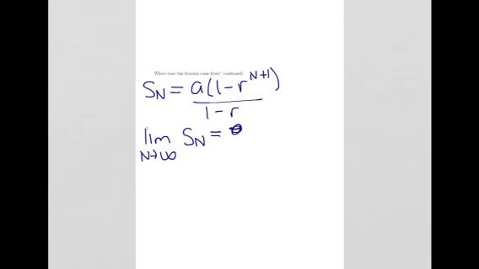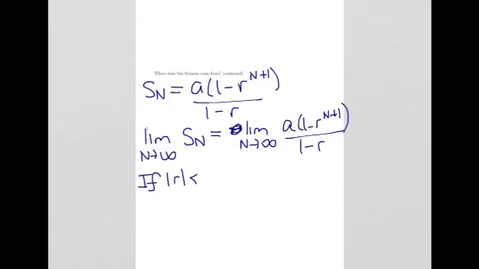So if we take the limit as n goes to infinity of a times 1 minus r to the n plus 1 over 1 minus r, and r is less than 1, then we would hopefully recognize the limit as n goes to infinity of r to the n plus 1. What is it?